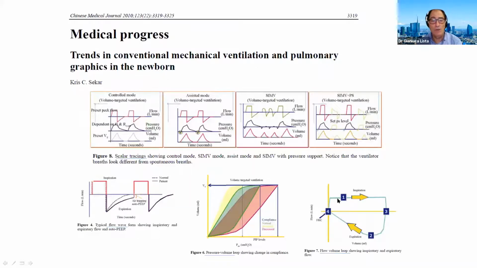Now we can move from the delivery room to the NICU. These are the pulmonary graphics that you can usually see on your ventilator: pressure, flow, volume, the pressure-volume loop, the flow-volume loop.